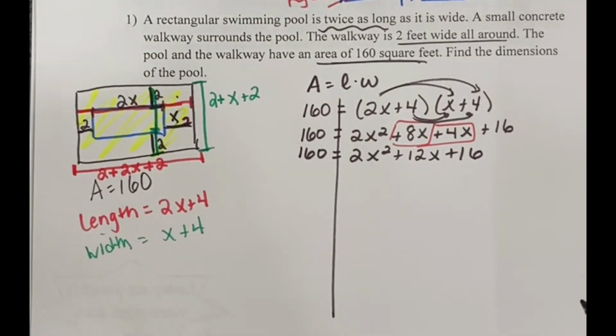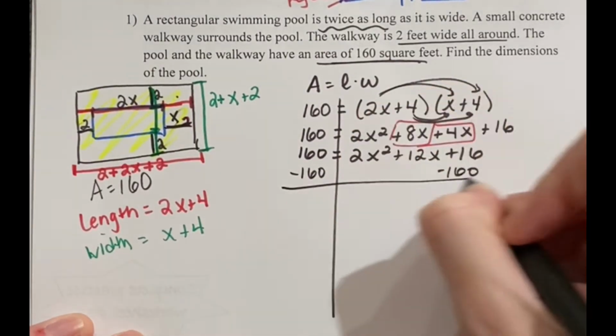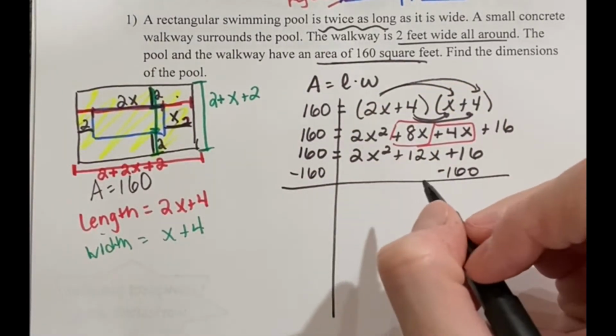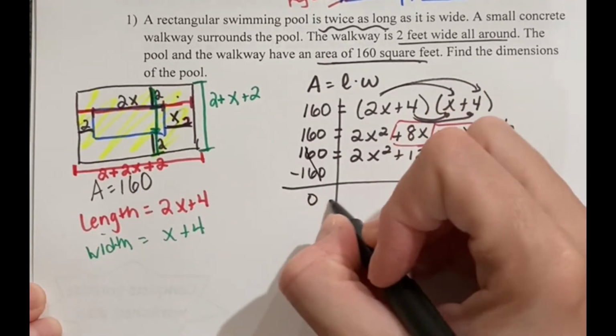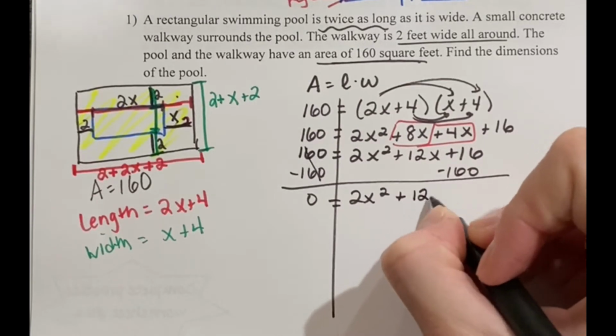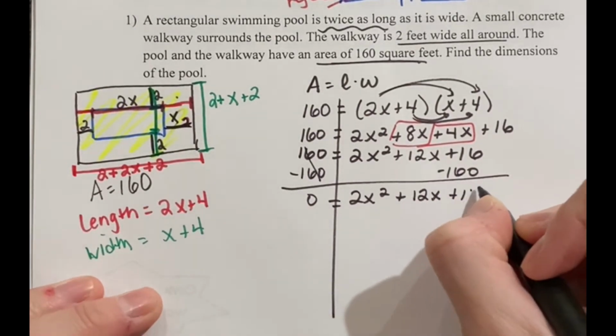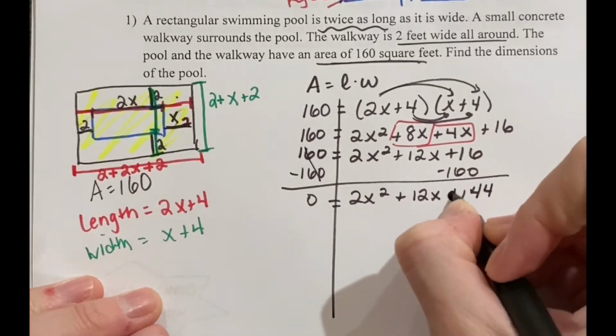Now we need to set this equal to 0, so I'm going to subtract 160 on both sides. And I end up with 0 here equals 2x squared plus 12x minus 144.